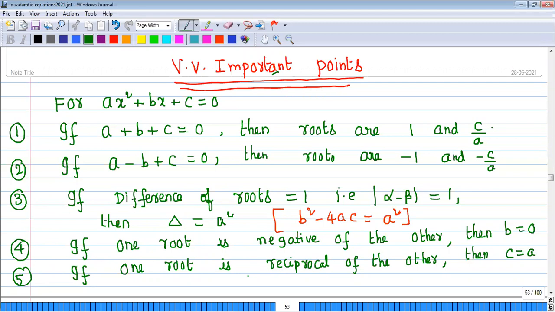See, reciprocal of the other means if one root is alpha, the other root is 1 by alpha. If one root is beta, the other root is 1 by beta. Obviously, if you find the product, you will get 1. Product is equal to 1 means c by a is equal to 1, so you get c is equal to a.